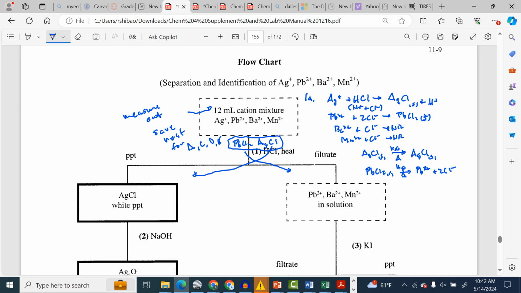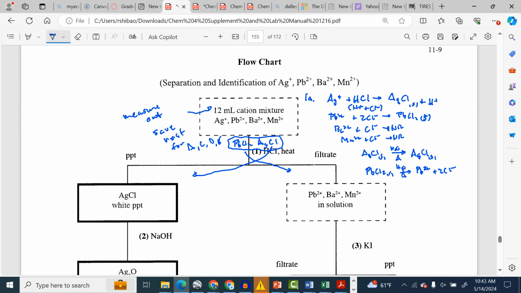All right, we're also going to wash our precipitate. Our precipitate is going to be wet with supernatant solution. The first washing will be combined with the supernatant solution. We don't want to lose any lead, barium, or manganese. We want to make sure we get all of it.